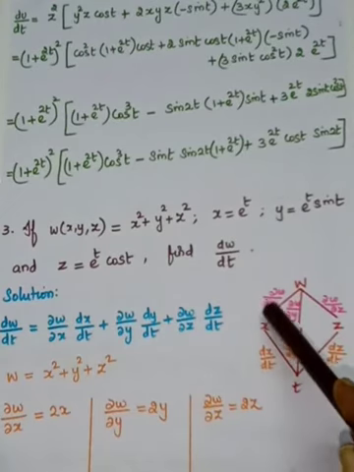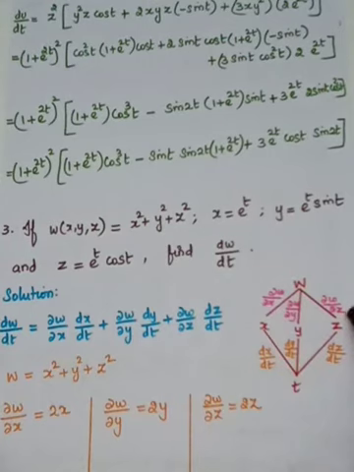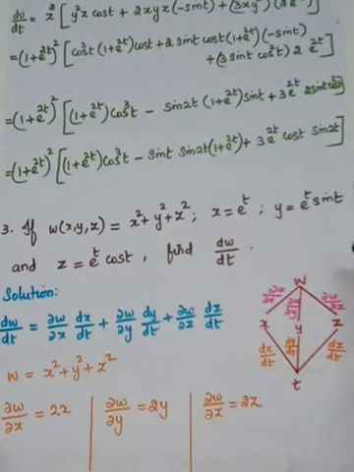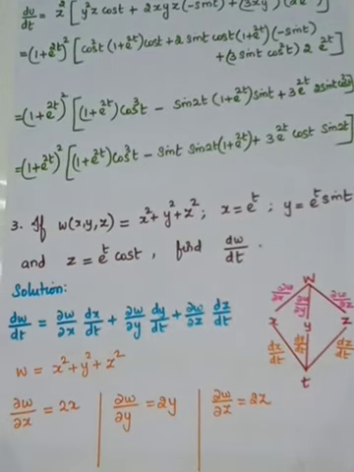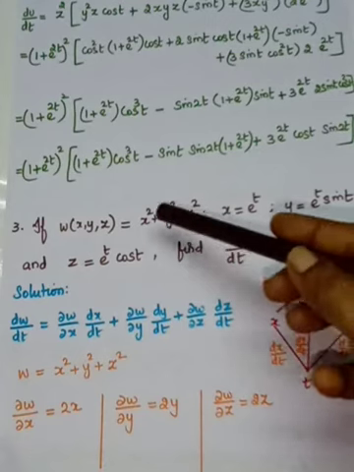So here it is ∂w/∂x, ∂w/∂y, ∂w/∂z. Here you have dx/dt, dy/dt, dz/dt. So three terms have to be multiplied and then added. So here, first step, I have written the formula. Okay. See now, take w.